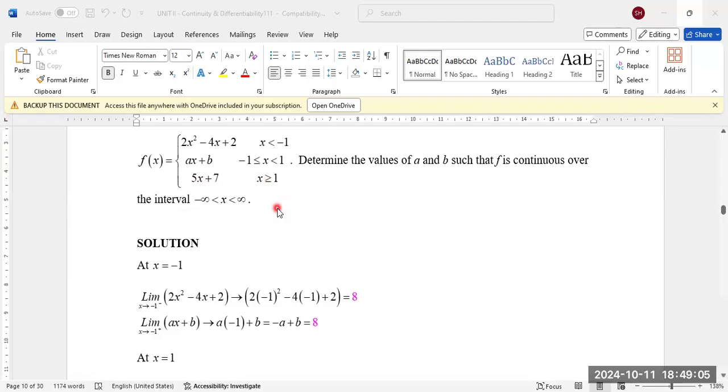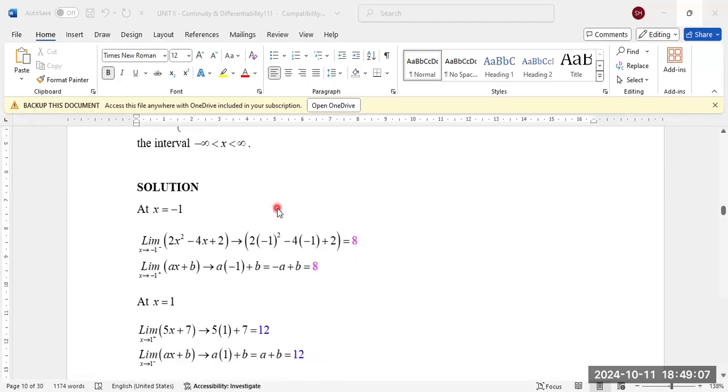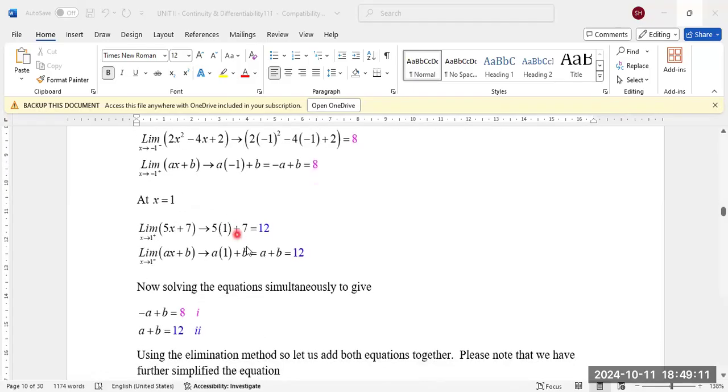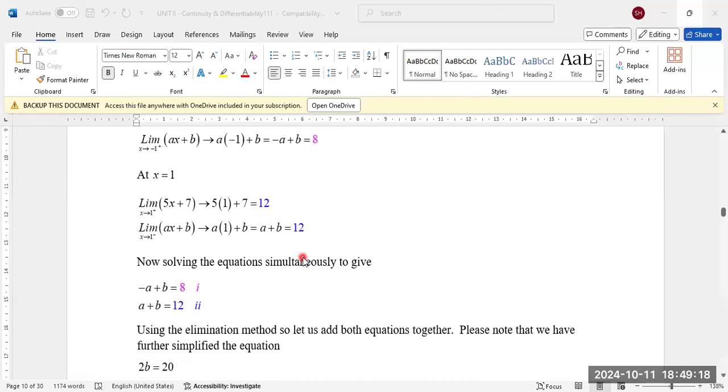And that's why when I substitute, a times 1 plus b must be equal to 12. See here? And then all we do is solve these two equations simultaneously.